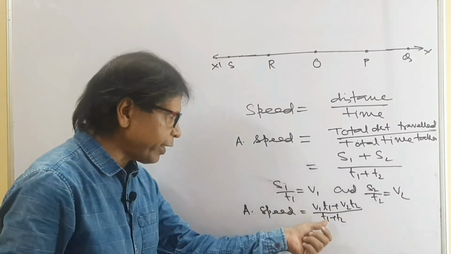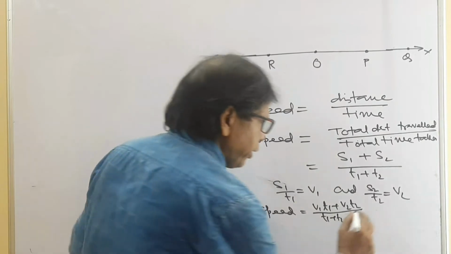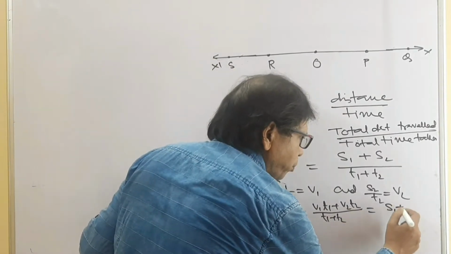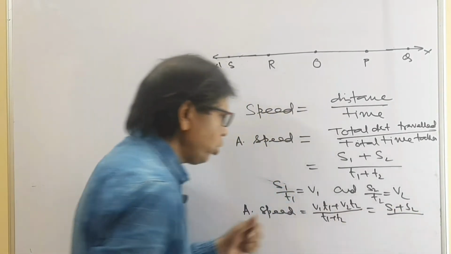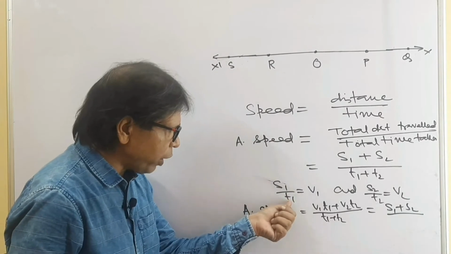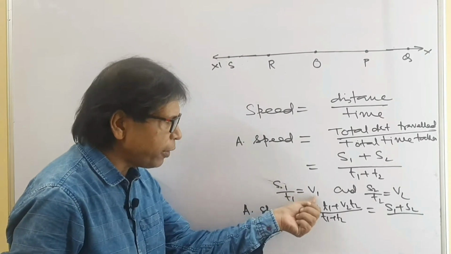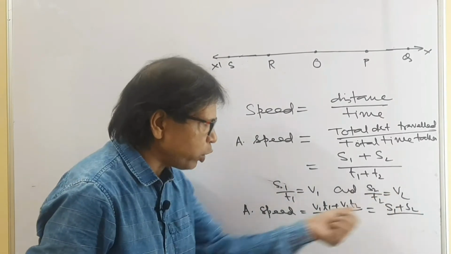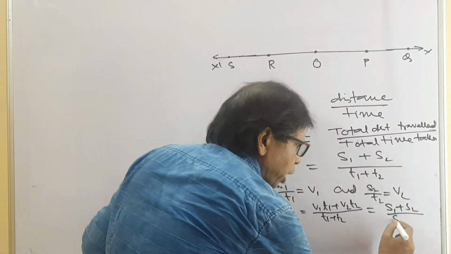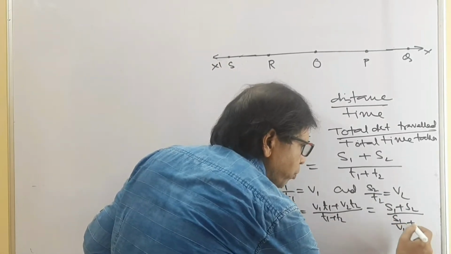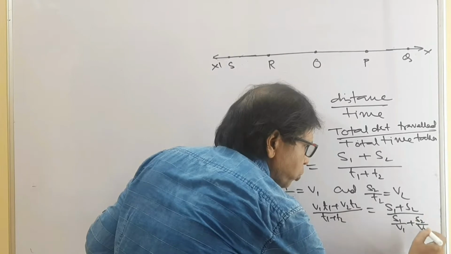Now this can be written as s1 plus s2 divided by, with t1 equal to s1 by v1 and t2 equal to s2 by v2, s1 by v1 plus s2 by v2.